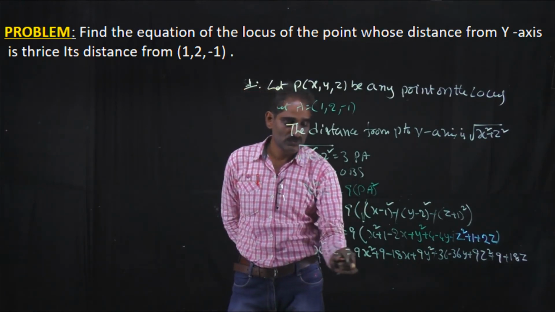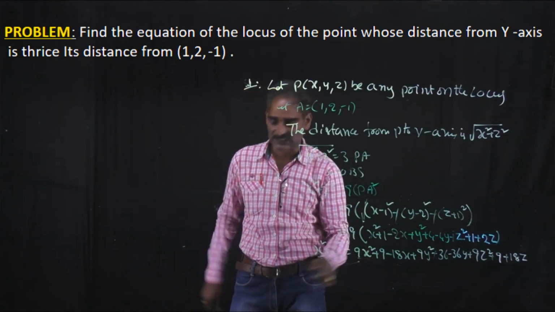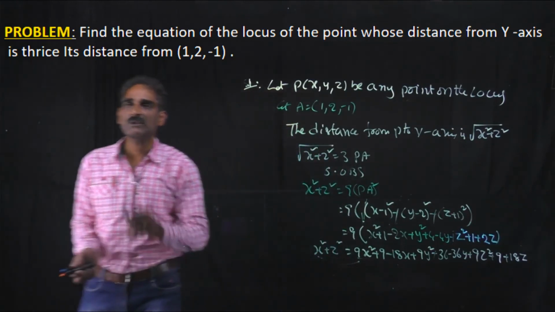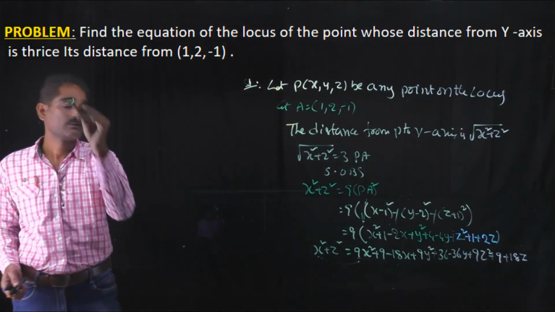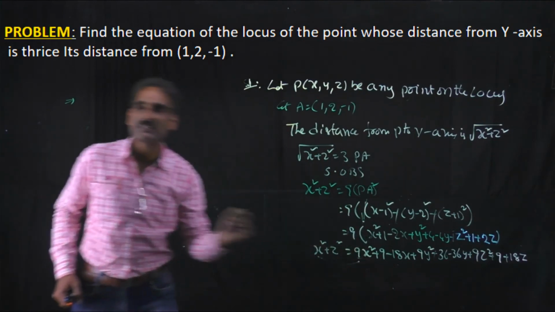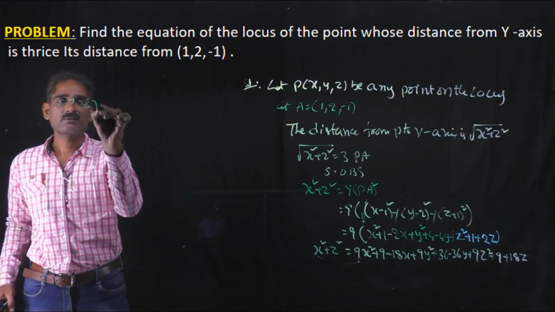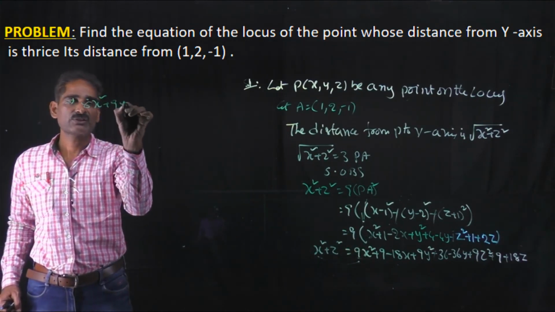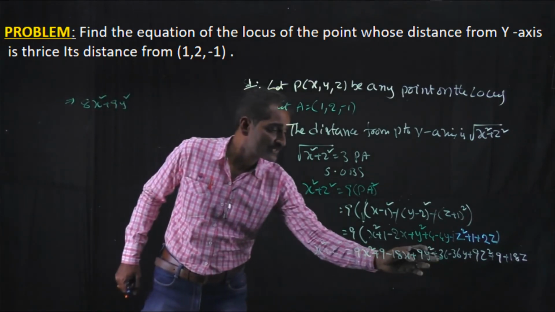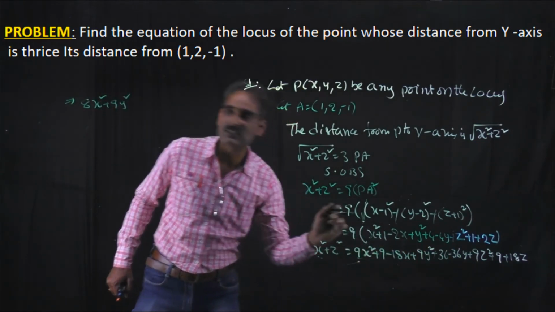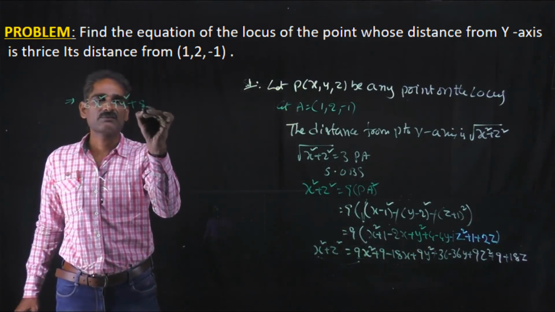Now observe that 9x square minus x square, we can write 8x square, 9y square, 9z square minus z square, 8z square.